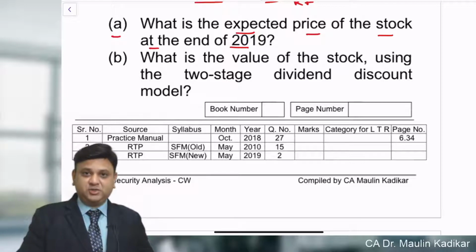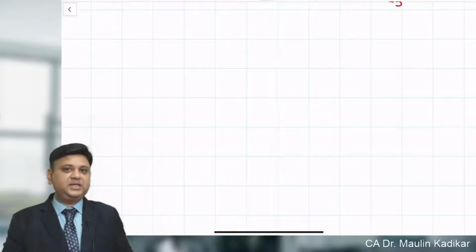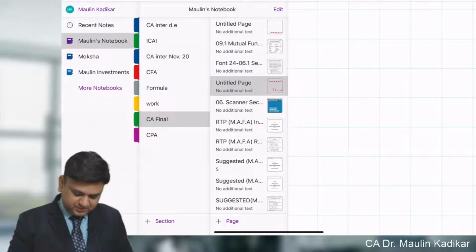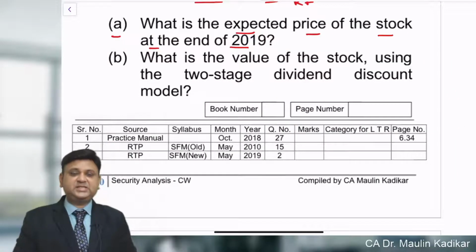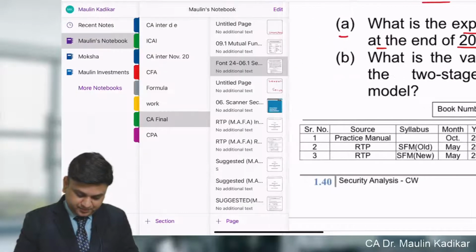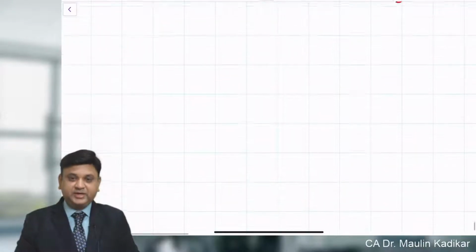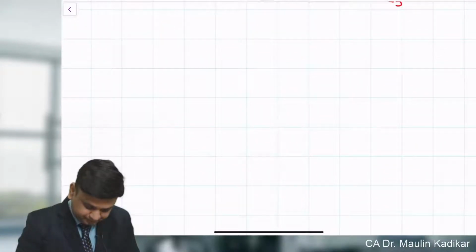Try to do the P3 answer on your own, then I will do the working for you. Let us see how to make the calculation. Everybody is requested to pay attention. Do not write anything, let me explain.